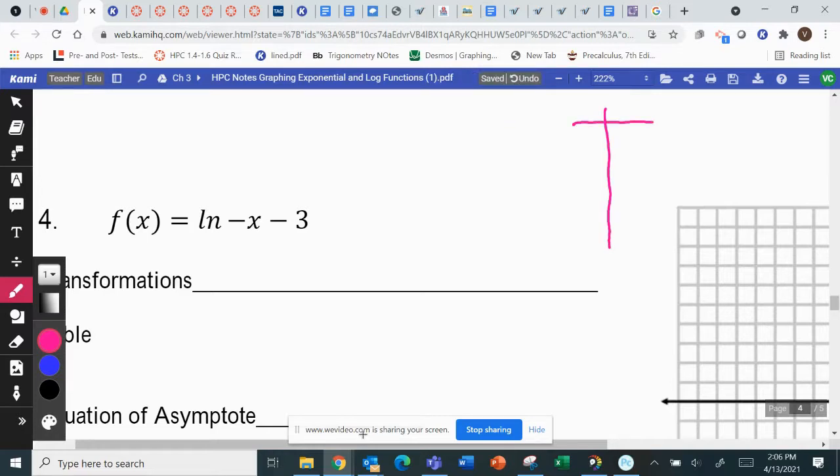So in order to fill out a table for logarithmic, I need to know the inverse points. So the inverse of ln is e. We just did this, but that doesn't mean you're going to always have your notes to look at. So I'm going to pretend that we didn't just do this one. And I would write down my points for E.